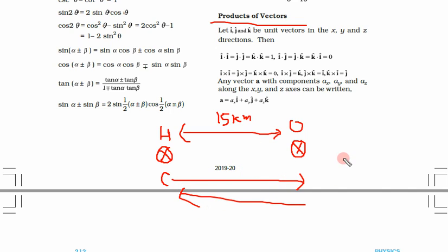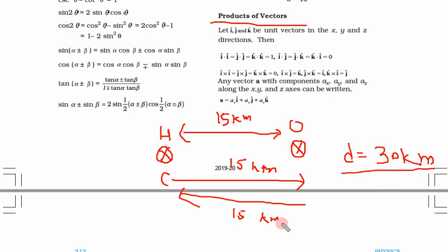So what is the distance traveled by the car? 15 kilometers this side and 15 kilometers in the evening, so total distance traveled is 30 kilometers.